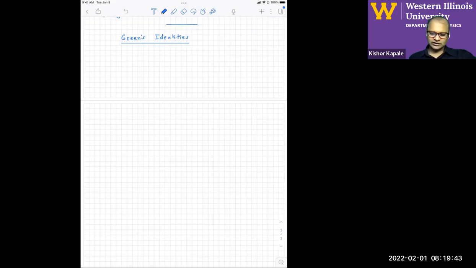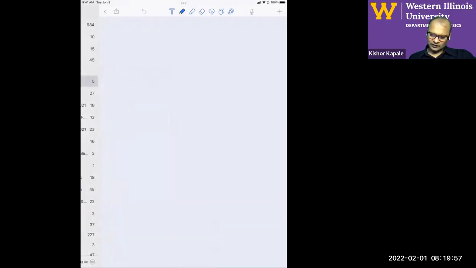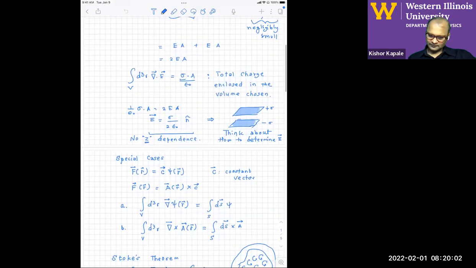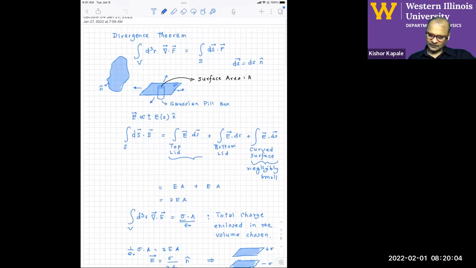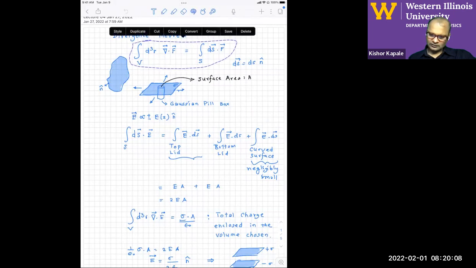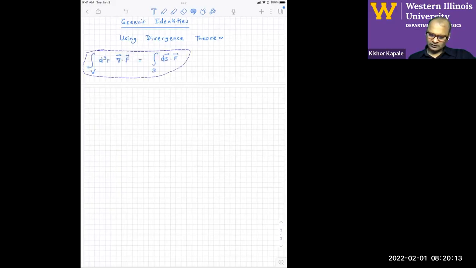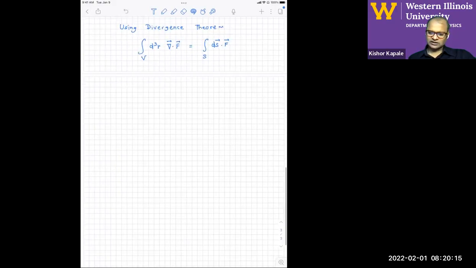So we are going to use the divergence theorem. Right, let's take the expression from here because we have it all written down. Okay, so that's our divergence theorem.